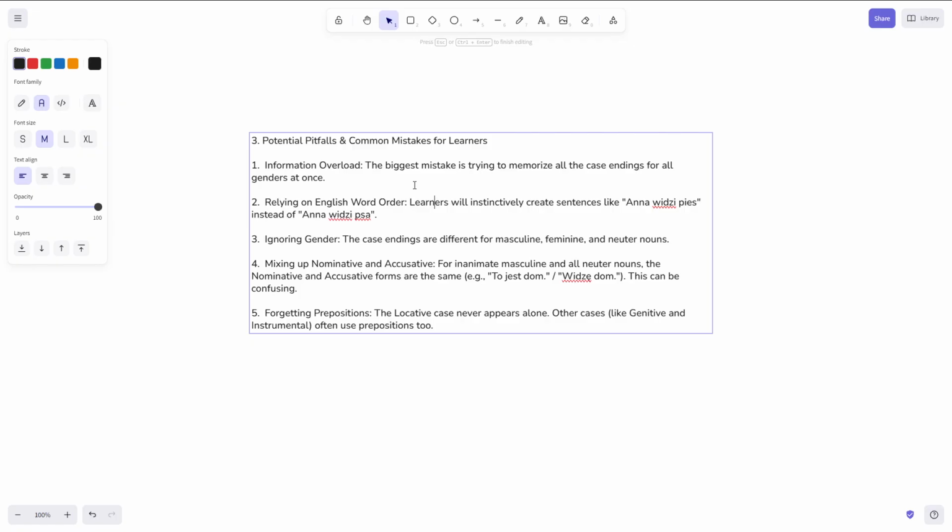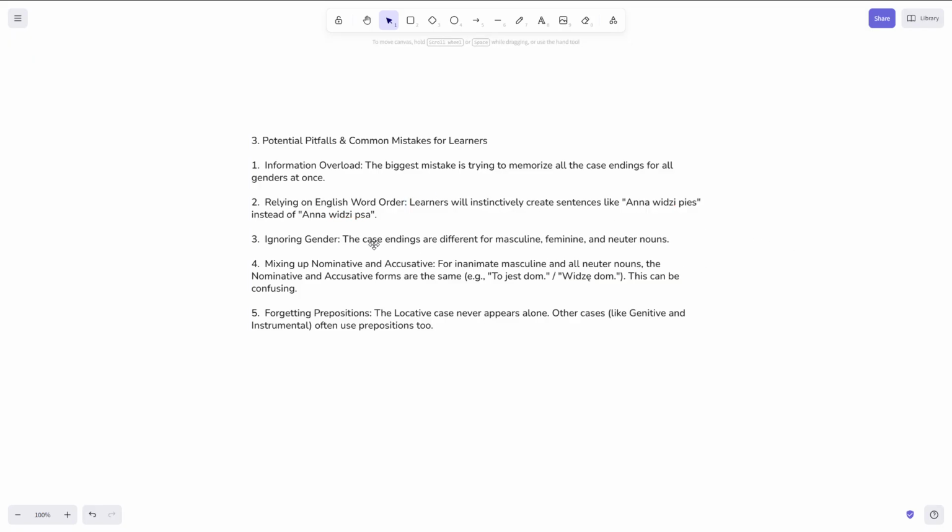You can create sentences like psa widzi kot and kot widzi psa. Again, just switching around these 2 words from the beginning and the end. So just do not rely on English word order, on any word order in particular, to be honest, okay?